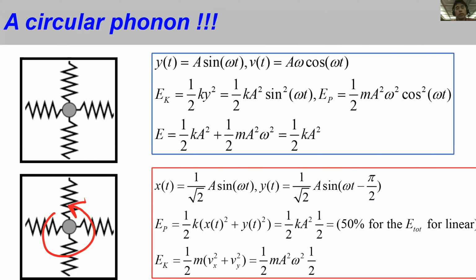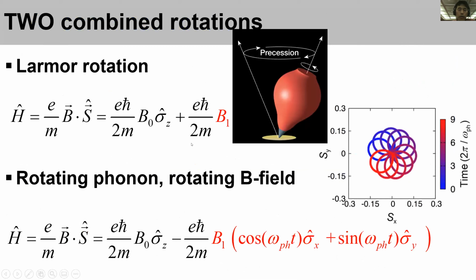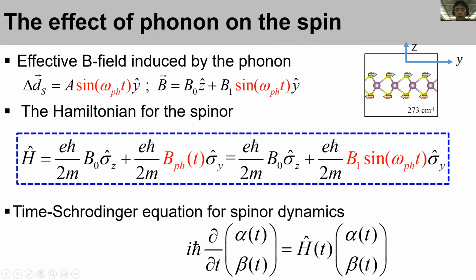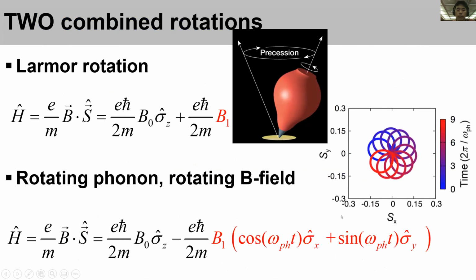And the E double prime phonon has a double degeneracy. The linear combination of a doubly degenerate phonon can provide the circular phonon. So if the linear phonon provides the oscillating magnetic field in the y direction, the circular phonon can provide a kind of rotating magnetic field, something like this way.